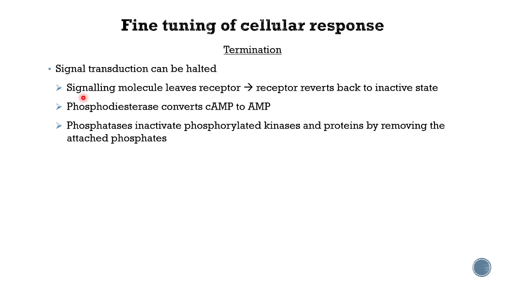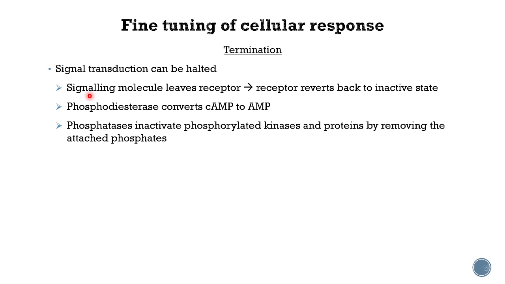Signaling molecules do not stay bound to the receptor forever. They leave because the binding is not via strong bonds. Just like any protein binding, usually the binding is via weak hydrogen bonds and ionic bonds, for example. So the signaling molecule, the ligand, does not stay bound on the receptor forever.